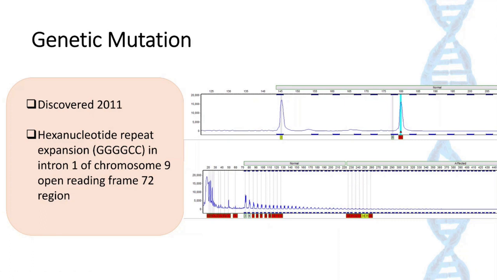And anything beyond 30 repeats is considered pathogenic, but actually in reality, most people with a pathogenic mutation have repeats in the thousands.